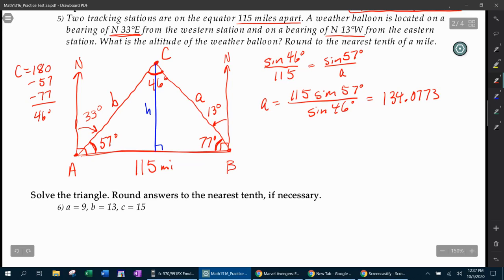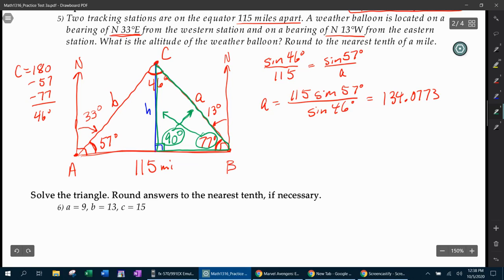So now what I want to do is grab a different color and have you focus on this triangle right here. I know that this angle here is 90, right? That's a pun. And I know the side across from it, I know little a, and I know this angle is 77, and I'm looking for the side across from it.